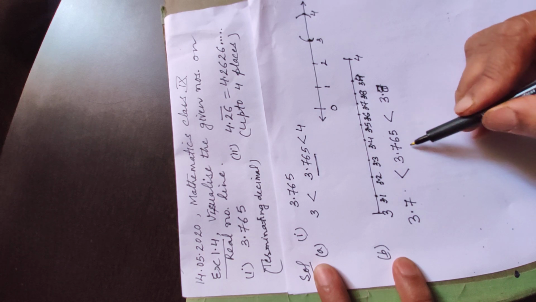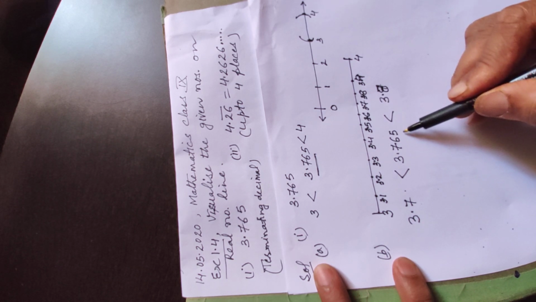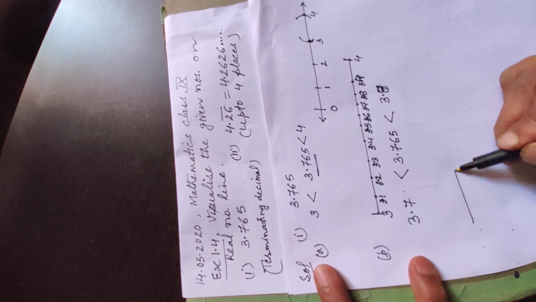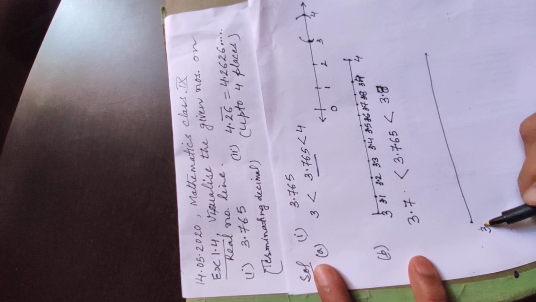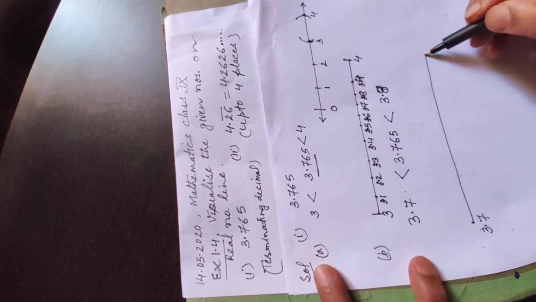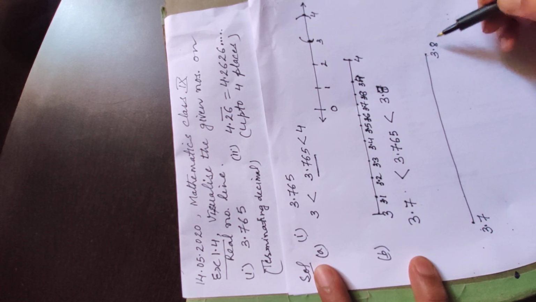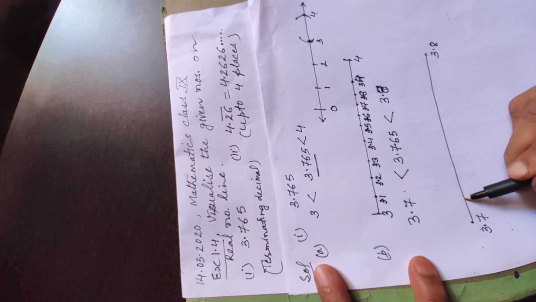Now we have to divide it further up to 10 more places. So here is the visualization for your number: 3.7 and the number 3.8, and now again make 10 divisions.